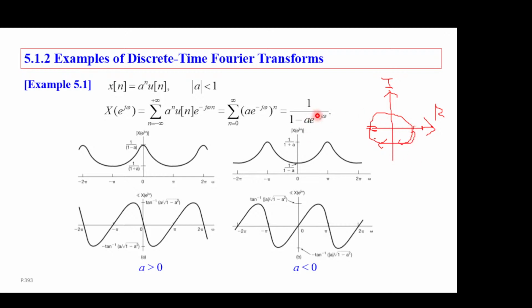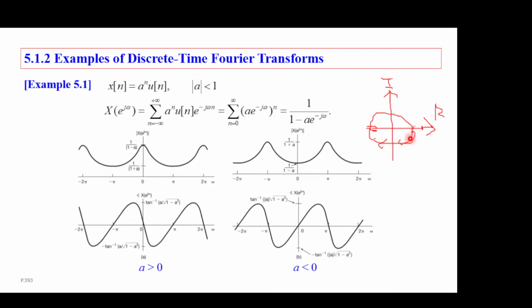And then you start multiplying it with e to the minus j omega, and that's adding a complex phase. So you are basically walking on this circle where the radius is the absolute value of a, and as omega goes from 0 to 2 pi, you walk on this circle.